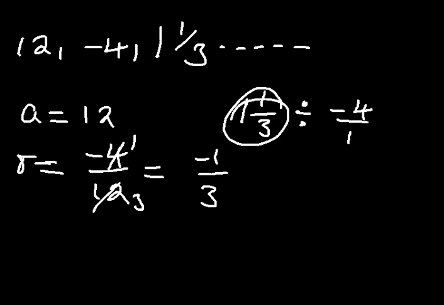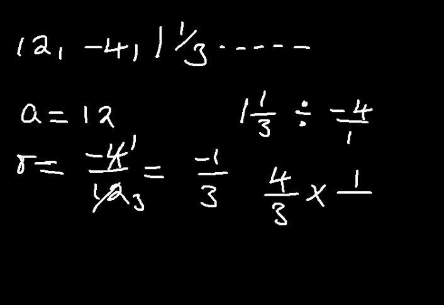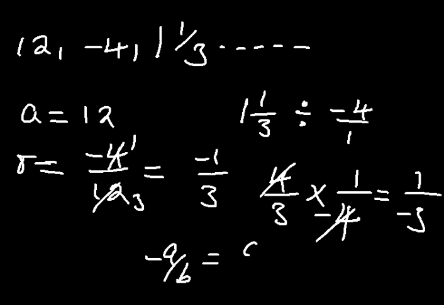Expressing this as a single fraction, 3 times 1 plus 1 gives 4/3, and 4/3 times 1 over 4 is the same as 4 over 4 times 3, and the negative goes here. That is the same as 1 over negative 3. Mind you, negative a over b is the same as a over negative b. So keep that in mind.